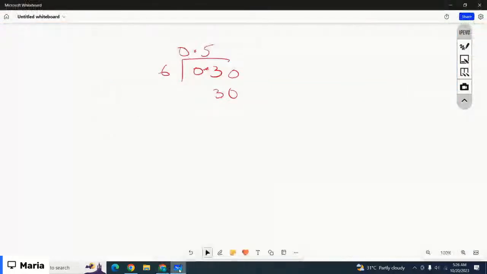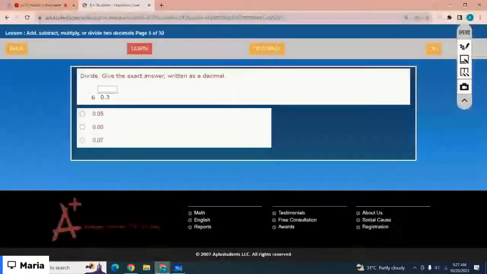No, hold on. You have to divide 0.3 by 6. 0.3 is less than 6, you cannot divide. You have to put a decimal point over here, and you cannot divide 3 only, so you add a 0 over here, and then 6 times 5 is 30, so it would be 0.05. The correct option is 0.05.